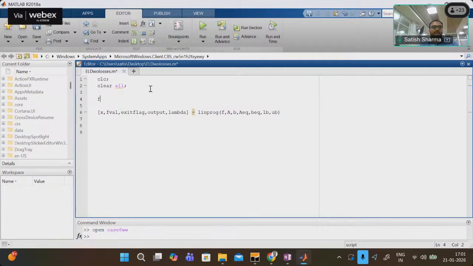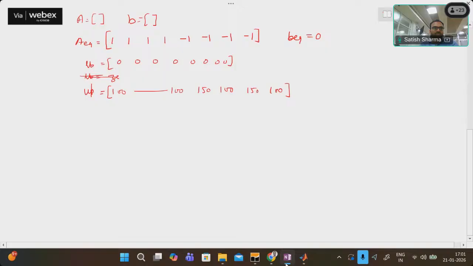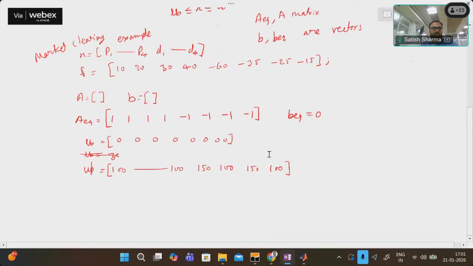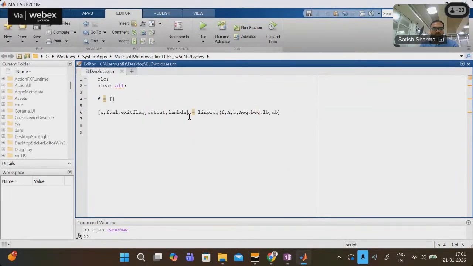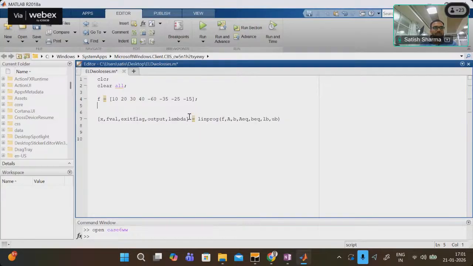First of all, we have to supply f. So I have defined f equals to what we have defined earlier, this part, right? So I will put it like this: 10, 20, 30, 40. Then what was it, minus 60, minus 35, minus 25, and minus 15. This is it.